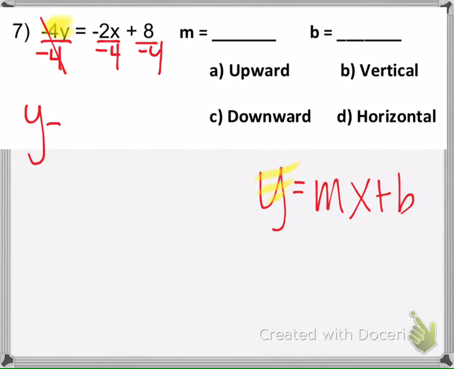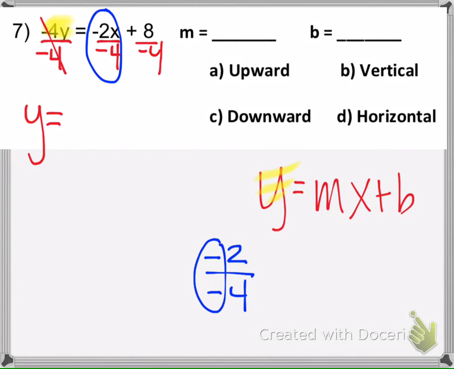So we get y equals, here we have -2 divided by -4. So first of all, a negative divided by a negative is a positive. So that makes positive.